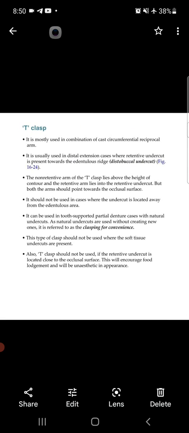It is mostly used in combination with a cast circumferential reciprocal arm.